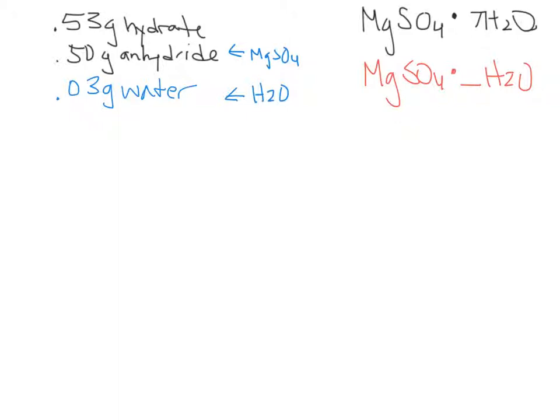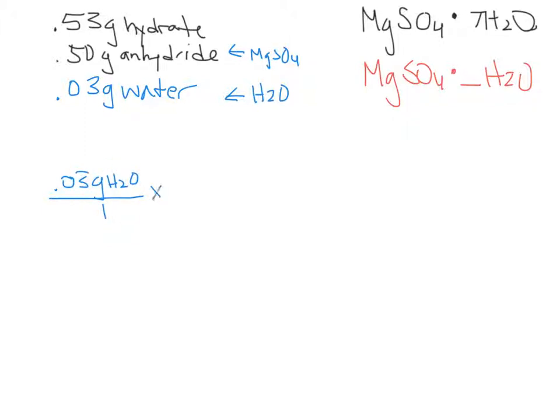So what we need to do with this information is convert it to moles. So we could set up a mole to mole ratio, because this value right here represents moles or molecules. So grams isn't really going to do us any good. I'm going to start off with the water. I have 0.03 grams of H2O. I'm going to use dimensional analysis, that's just a fancy way of converting numbers, to convert this value to moles.